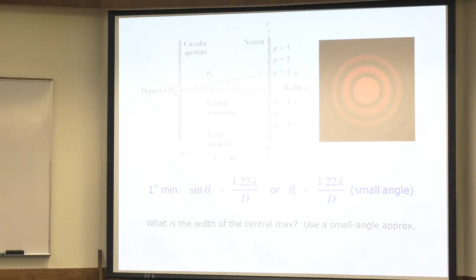So we just substitute. We have 1.22 lambda over the diameter times L. That's y1, but then the width equals 2y1. So just 2.44 lambda L over d. And there you go, that's the width. And we'll use that later.